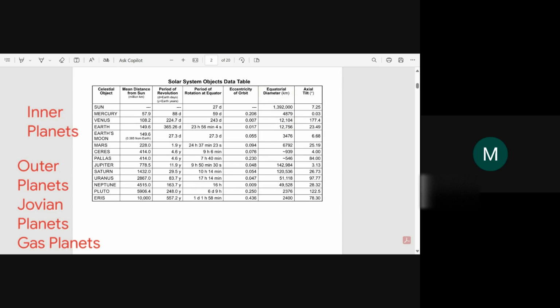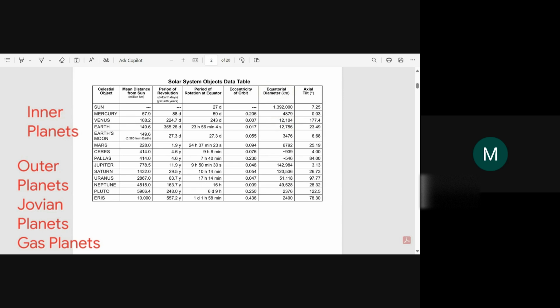Then you have Mars, which is roughly half of Earth's. And then you get into the outer planets, whose equatorial diameters are in general much larger compared to the inner planets.